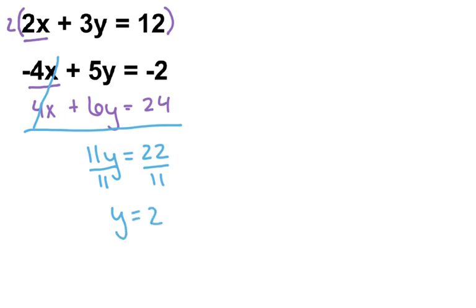We still need to find x, so we're going to substitute it back into one of the original equations. I always like to use the one that is all positive numbers or all smaller numbers. So I'm going to use the first one. So I've got 2x plus 3, and I need to substitute that y value in for y and solve for x now.